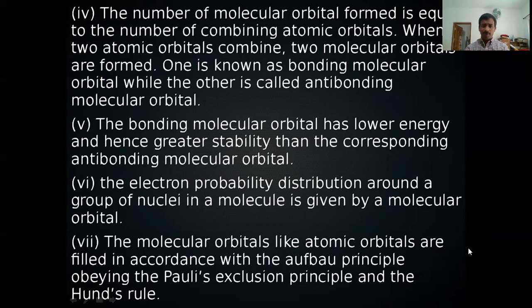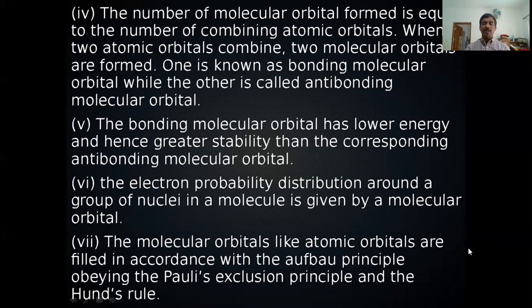What is this bonding molecular orbital? Bonding molecular orbital has lower energy and hence greater stability than the corresponding anti-bonding molecular orbital. So out of bonding molecular orbital BMO and anti-bonding molecular orbital AMO, which is more stable? BMO is more stable. The energy of BMO is lower than AMO.